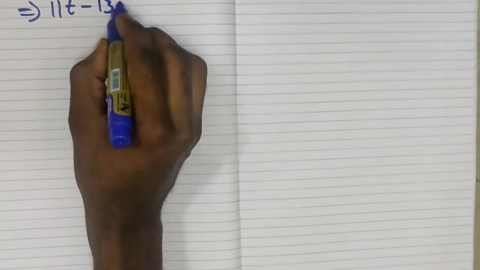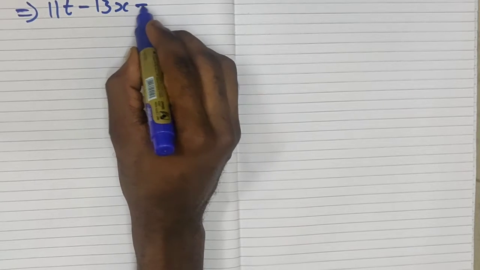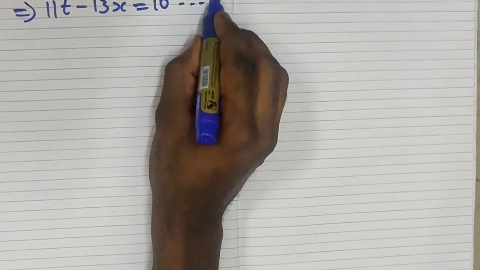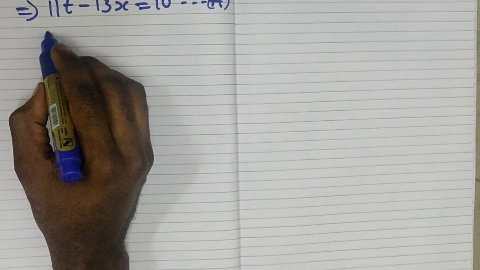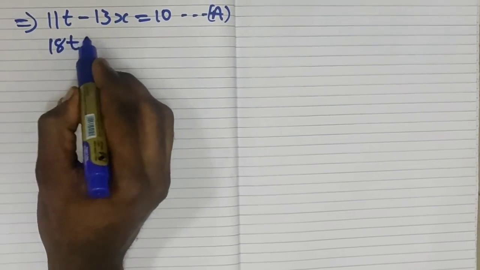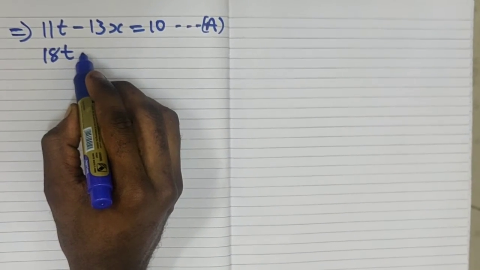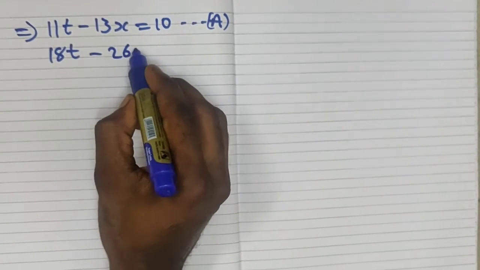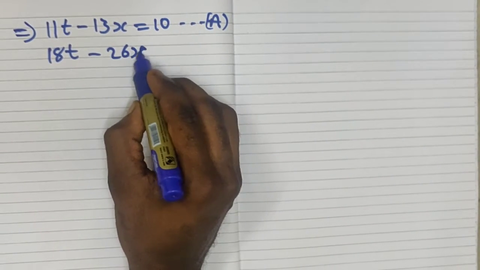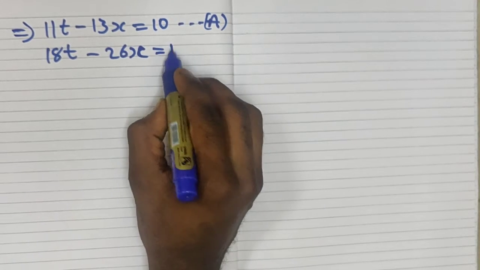So solving A and B simultaneously. Let me put our equation. 11t minus 13x equals 10. This is our equation A. Equation B is 18t minus 26x is equals to 11.